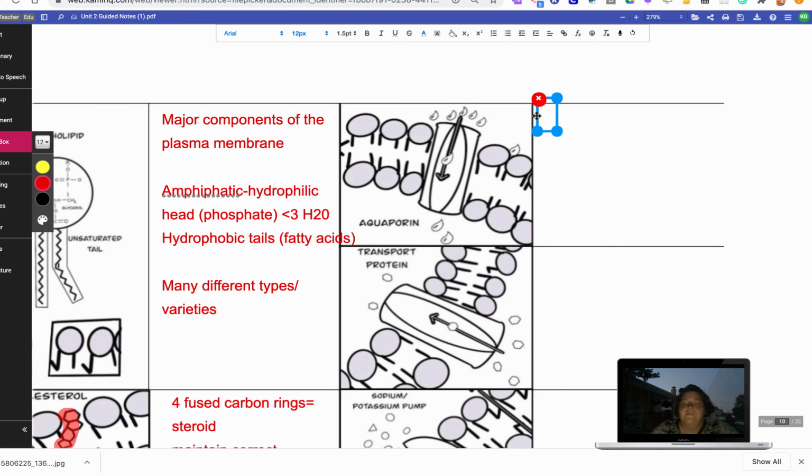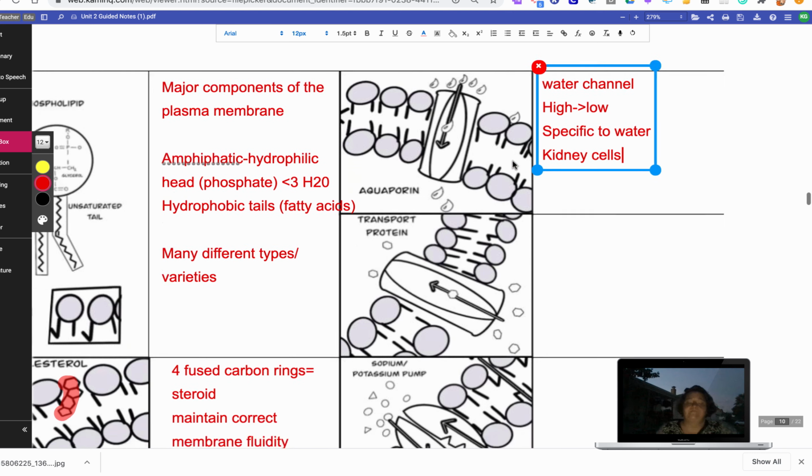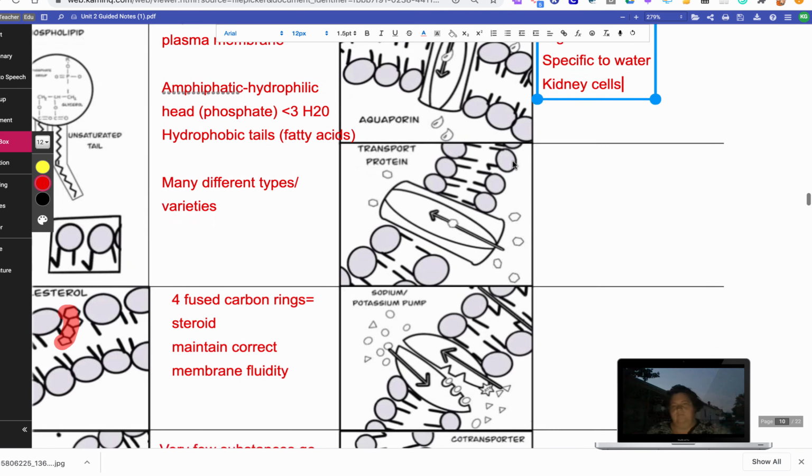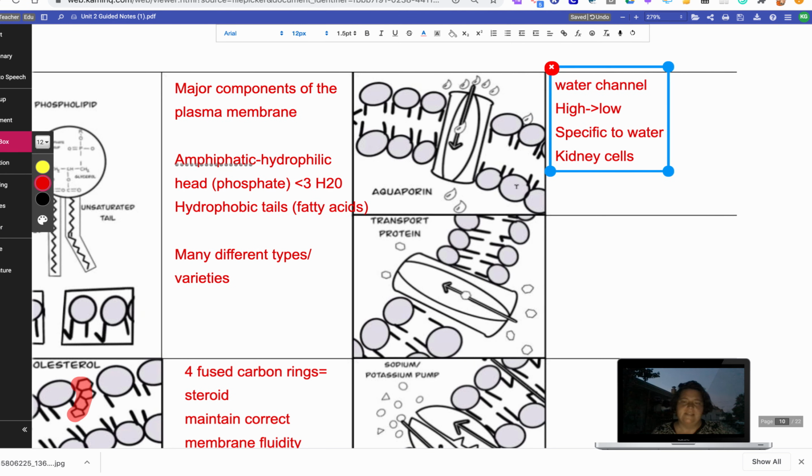An aquaporin is literally a water channel, and it is going to bring in water from high to low. It's very specific to water. We would find a lot of these in our kidney cells, but other cells as well. Again, we're going to talk more about aquaporins in a different part of the chapter, but that's an important part of the cell.